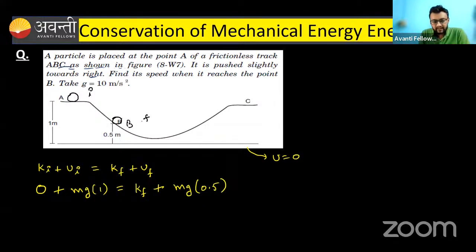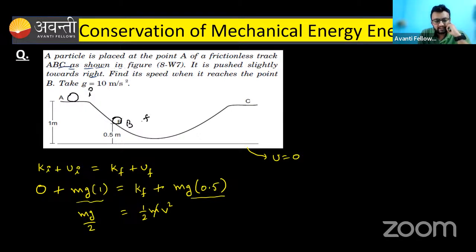If we solve it, K final, half m v square, is equal to, this term is mg, and this term, can you say half mg? It will go to the other side and become mg by 2. Am I right? That 1 mg minus half mg is mg by 2.